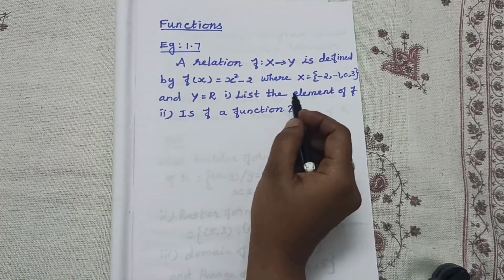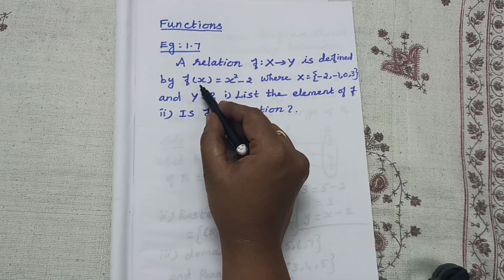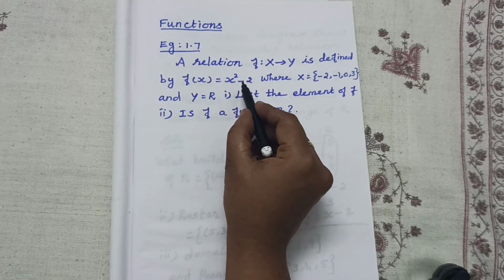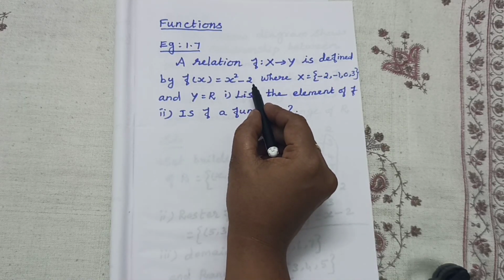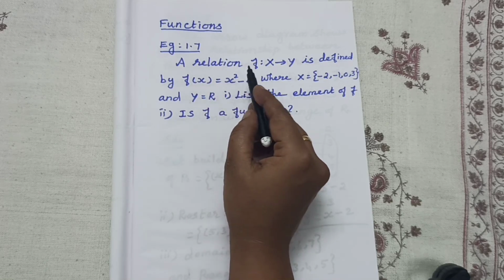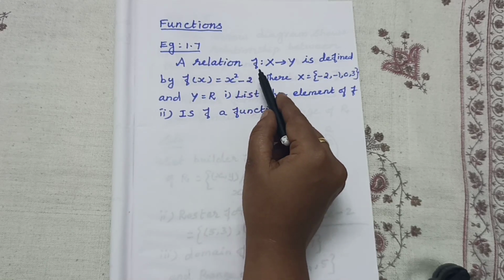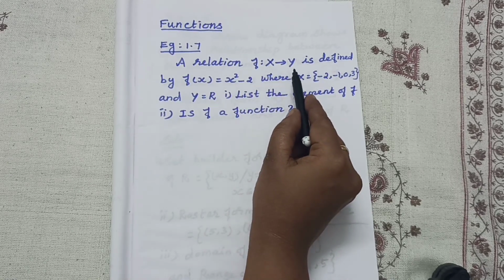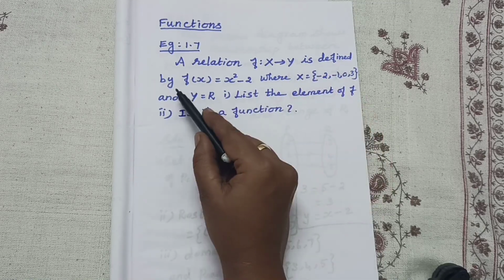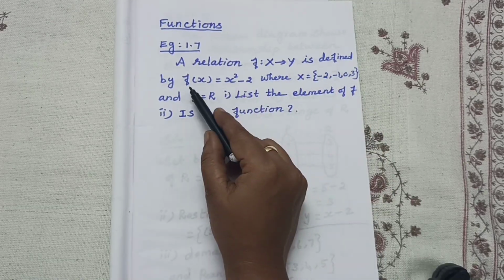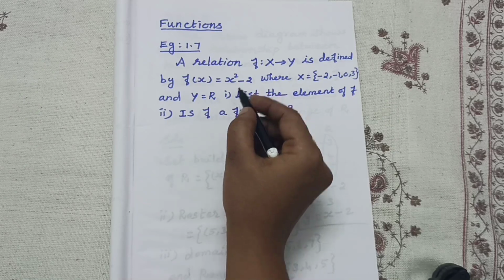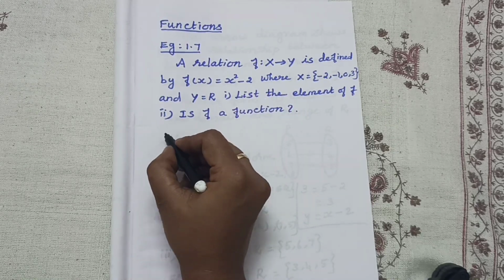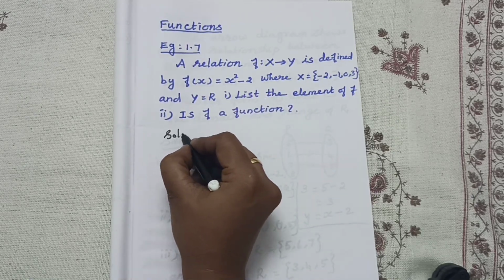Here, what is given? f of x equal to x square minus 2 is given, and a relation f from X to Y is defined like this. So, first solution.